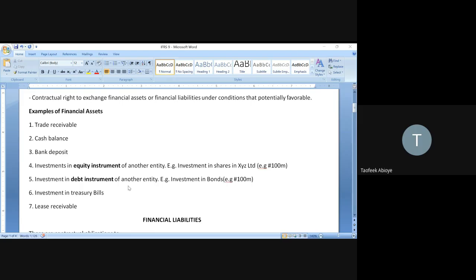So as a company, if I need money, I go to the capital market. I can say that I want to issue out bond to the general public. Then they will subscribe, then I will collect money to finance my business. But I cannot issue out treasury bills.